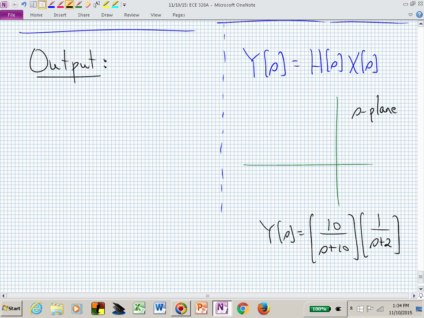There is now Y. Where are my poles and zeros? I now have poles and zeros, 2 poles, no zeros. One of those poles is due to my system, another pole is due to my input, and they're together now in the output. In the time domain, what's the expression formula for y?